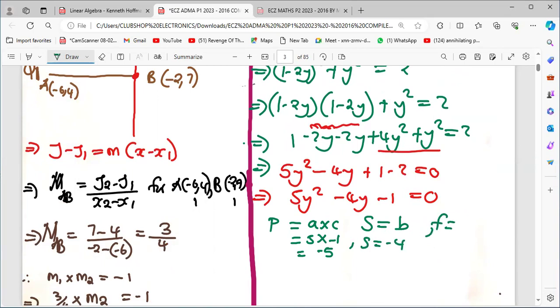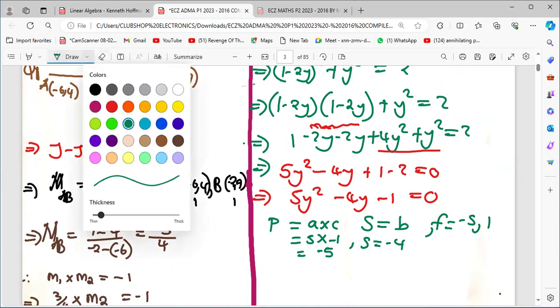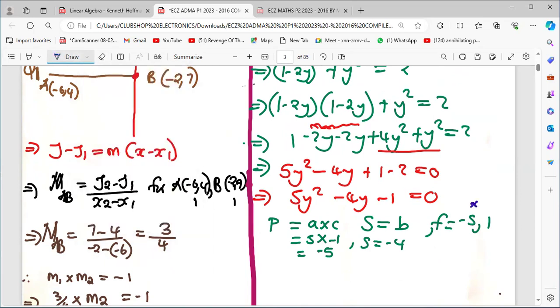Then we must find the factors of negative 5 whose sum is negative, and the factors are -5 and 1. Now, the letter that is there is y, so we can assign y here.